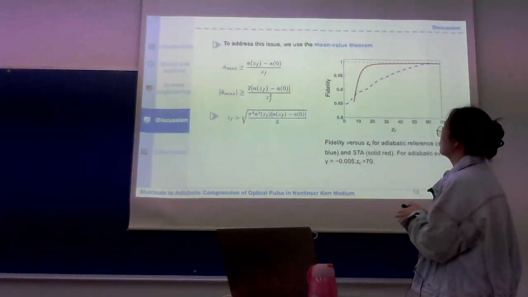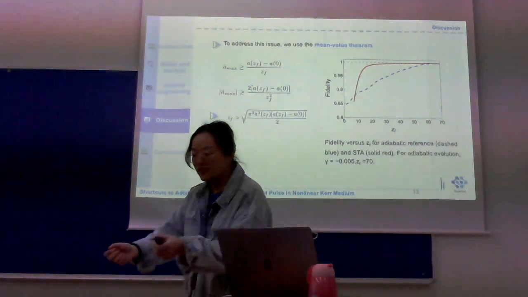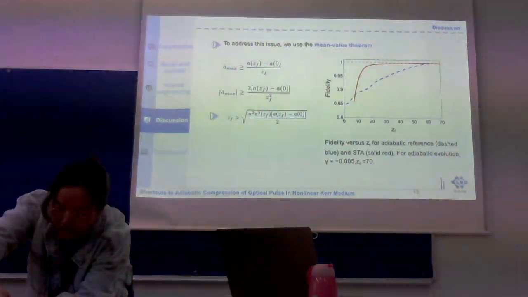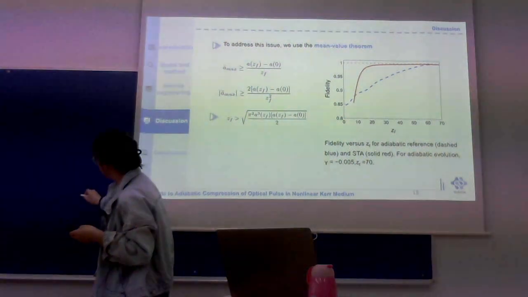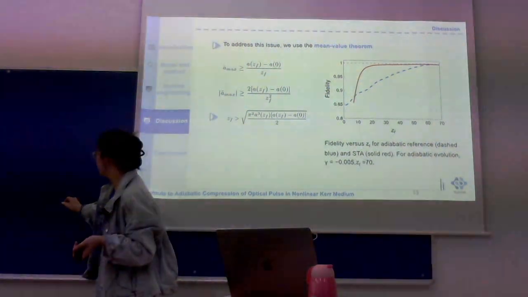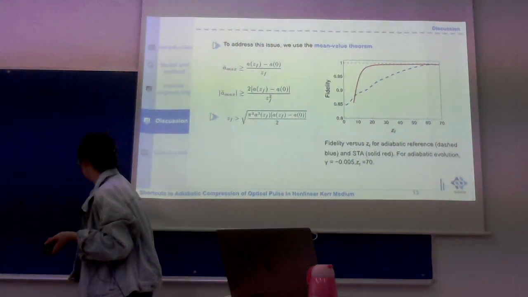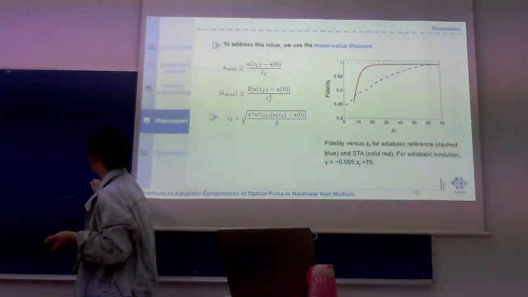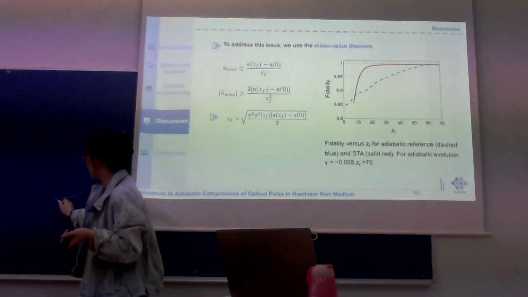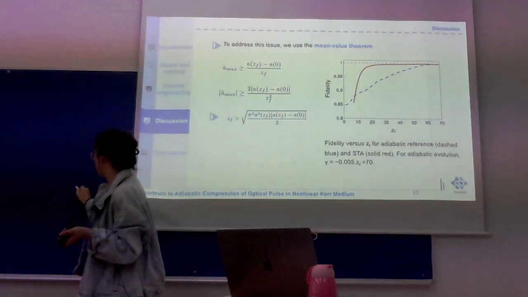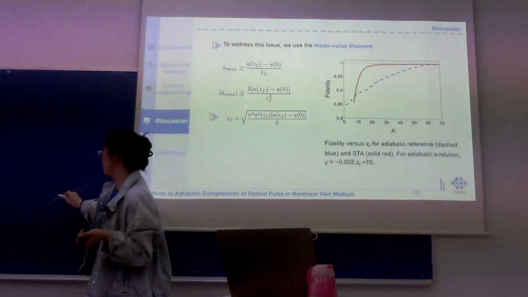So to address this issue, we use the mean value theorem. The mean value theorem says that if we have a continuous function on a closed range AB, like this one, then we will always find a point C at which its tangent is parallel to the secant through A and B. We always will find this point.